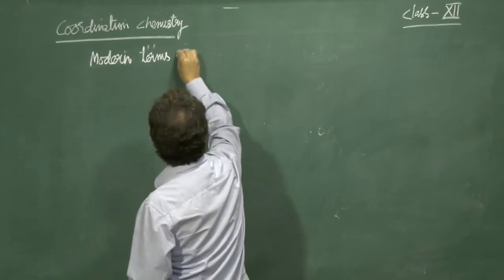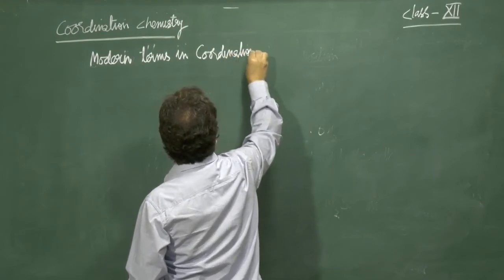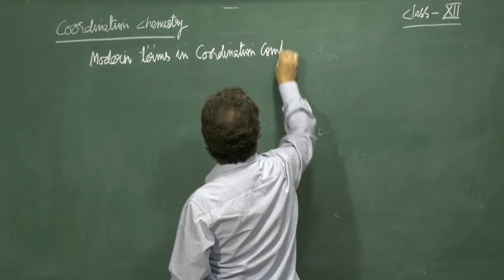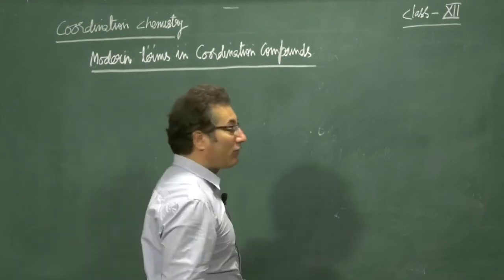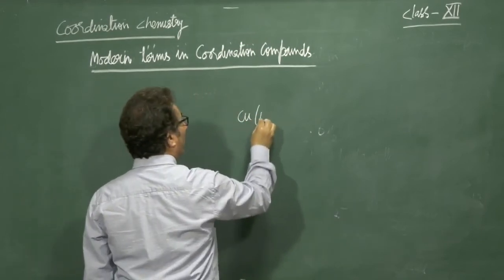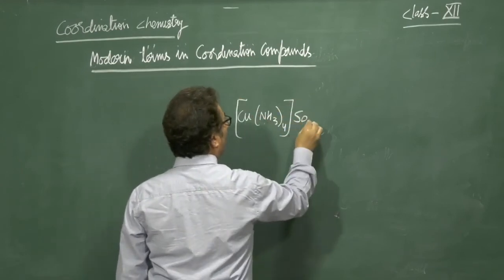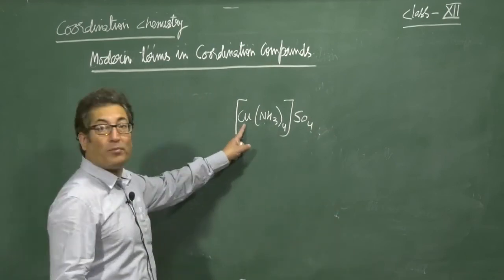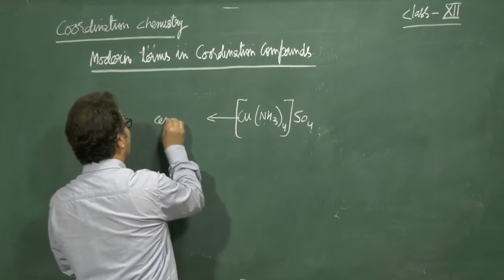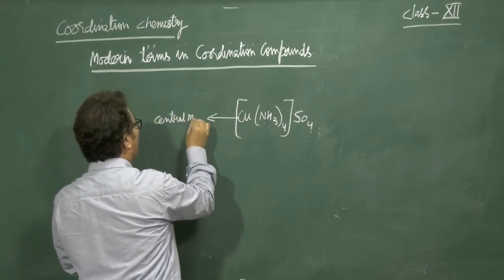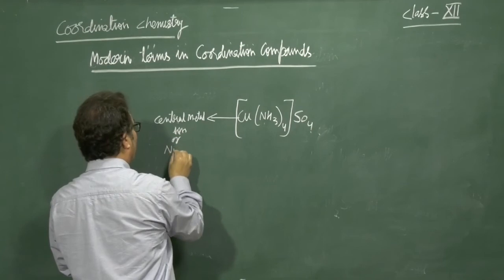Terms used in coordination compounds: I'll take an example of a coordination compound and label all the modern terms in it. This metal forms the nucleus of the coordination compound. So there's a terminology called central metal ion. This is at the center of the coordination compound, or it is also called the nucleus.